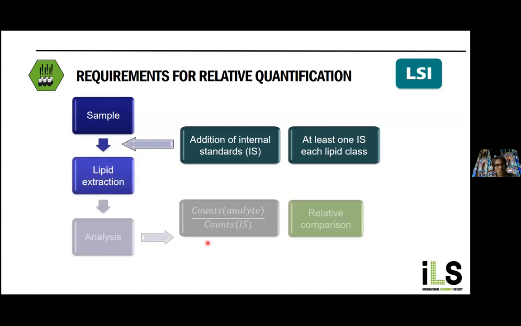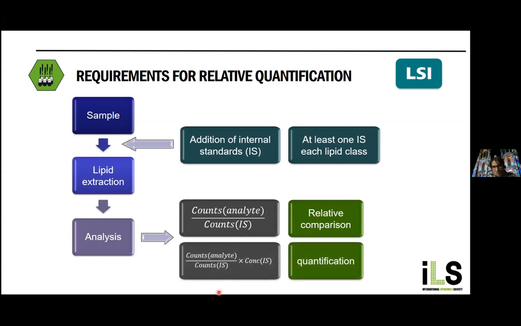And you extract your lipids, you analyze, and in the first step, you do these ratio calculations. This means analyte to internal standard ratios. Maria explained this already. This is relative comparison. And if you want to get some quantitative estimate, you can multiply that with the internal standard concentration, so you get a nanomole value for that.